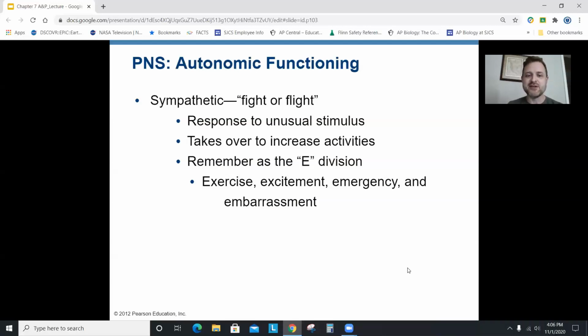It's the fight or flight. So it's sometimes called the E division: exercise, excitement, emergency, embarrassment. These are things that increase your metabolism. They increase your heart rate, things like adrenaline, epinephrine. They get you ready to either fight something or run away from it, fight or flight. That's the sympathetic nervous system, right?